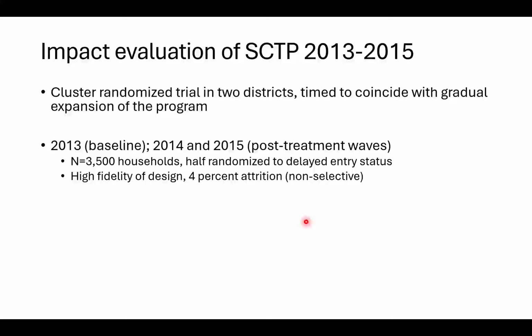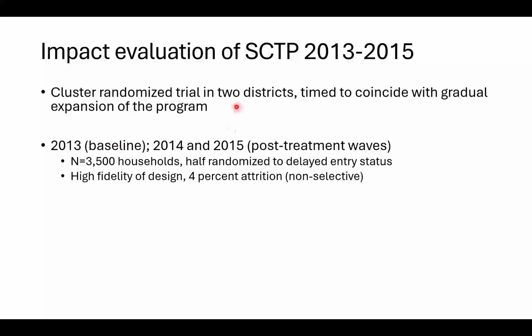We were able to do an RCT because they were scaling up, and the scaling up was sort of gradual. And so we were able to design something where, in any case, some households would be delayed entry just because of operational reasons. And so by randomizing who would be delayed entry and early entry, we were able to design something pretty rigorous.